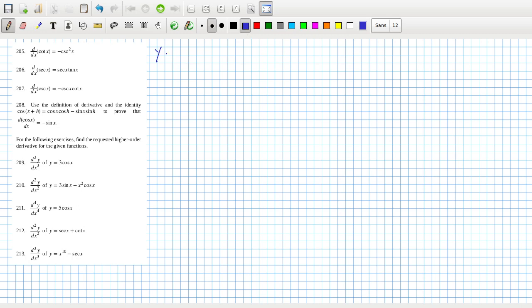Okay. y equals sec x plus cotan x. Now maybe I want to simplify it first. y equals 1 over cos x plus cos x over sine x. Maybe I don't want to simplify it.